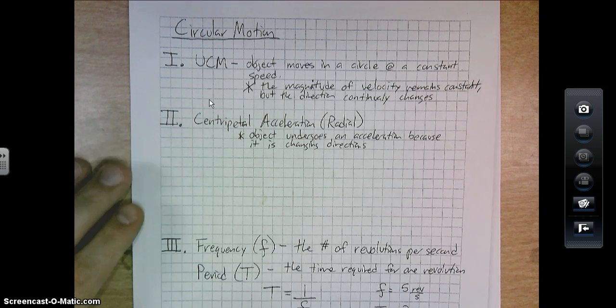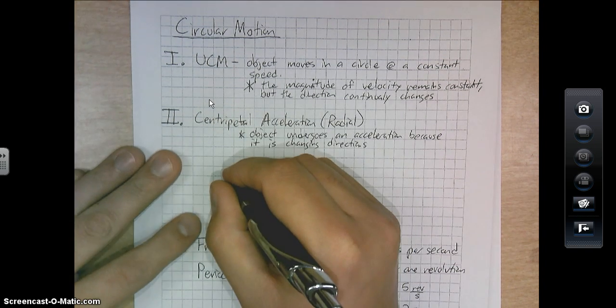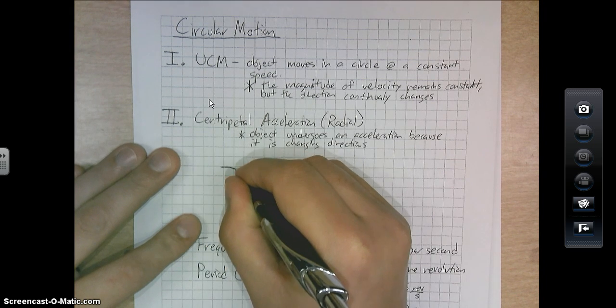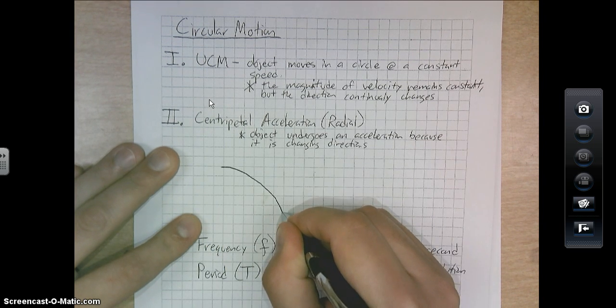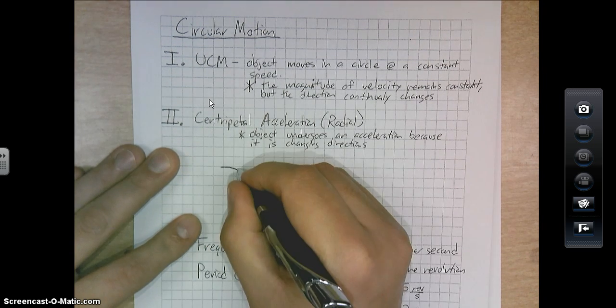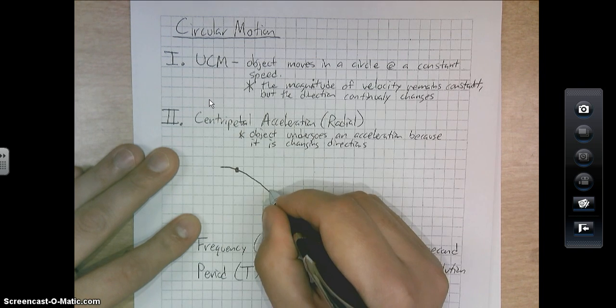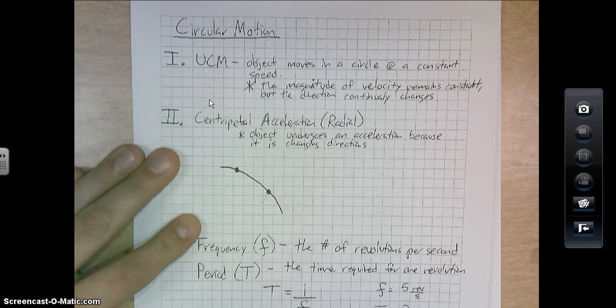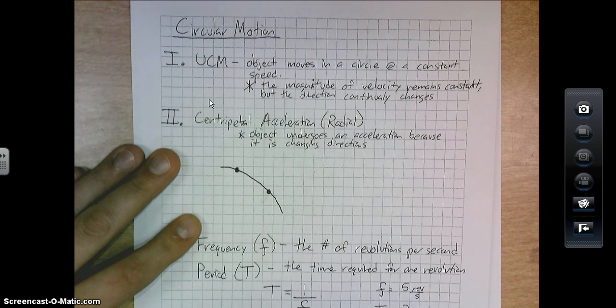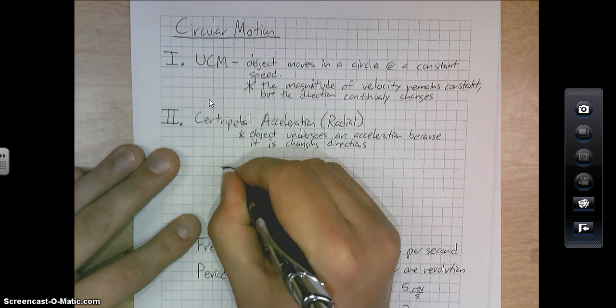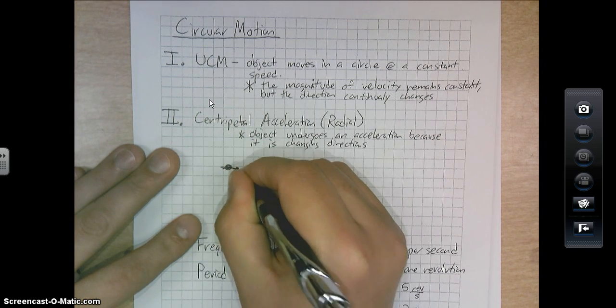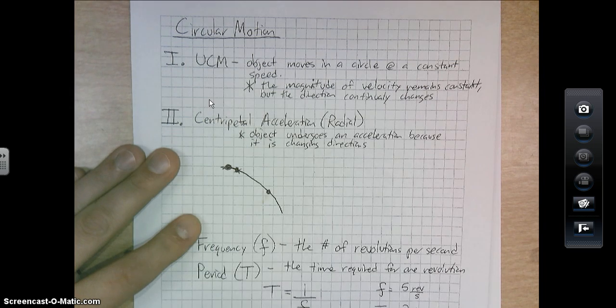So if I was just referring to some object traveling in a circular path, a reminder that at any point, and actually let's make this the very top point, the velocity of the object is always tangent to the circle.